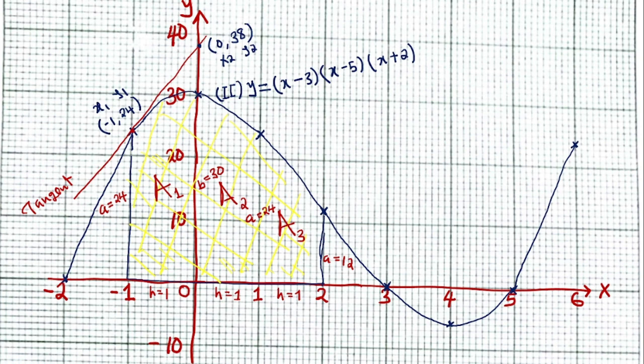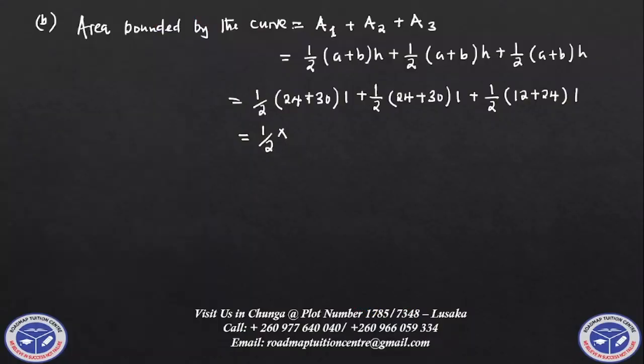So we continue. Here we're going to say 1 over 2 multiplied by 24 plus 30. That's going to give us 54 multiplied by 1. Then 1 over 2 multiplied by 24 plus 30 is going to give us 54 multiplied by 1. Plus again 1 over 2 multiplied by 36 multiplied by 1.